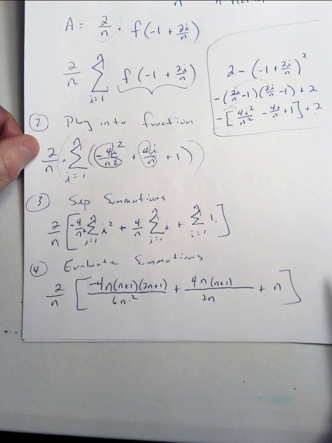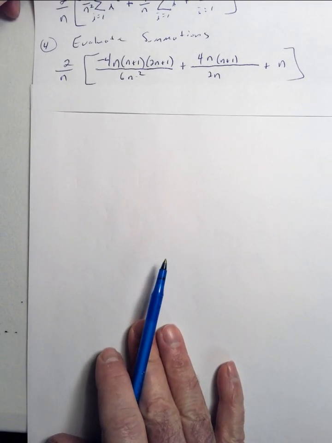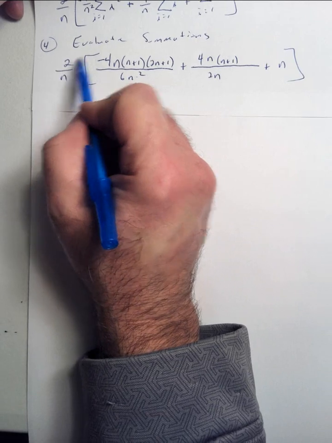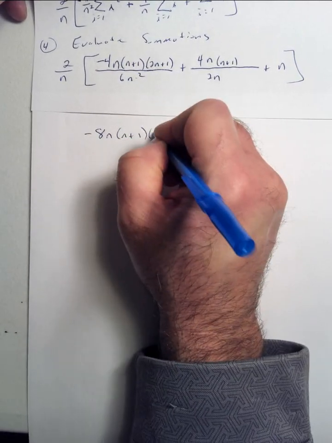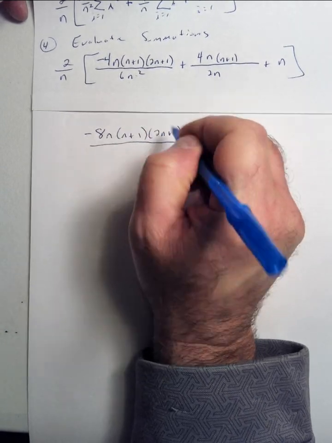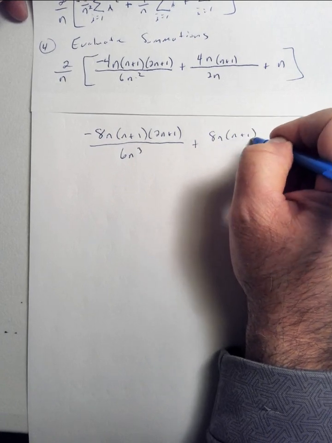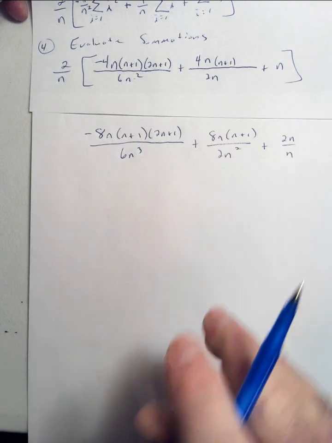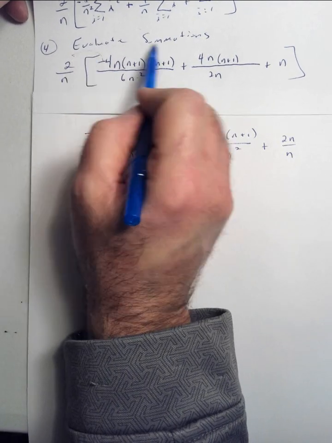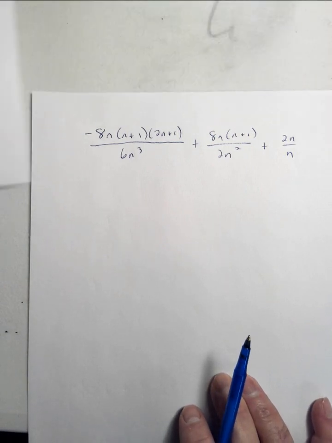All right, so next page we have, all right, so I have 2 times negative 4, so that's negative 8 n plus 1, 2n plus 1 over 6n cubed, plus 8 n plus 1 over 2n squared, plus 2n over n. So what did I do there? I just multiplied all those by that constant that was the width.